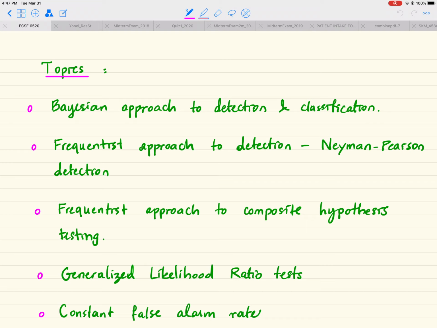But we'll see that that's not the case for the frequentist approach. So we will look into composite hypothesis testing as a special problem. Cover the generalized likelihood ratio test, also known as GLRTs, a very widely used practical approach to detection problems when we have some unknown parameters in the detection. And finally, we will cover constant false alarm rate detectors.